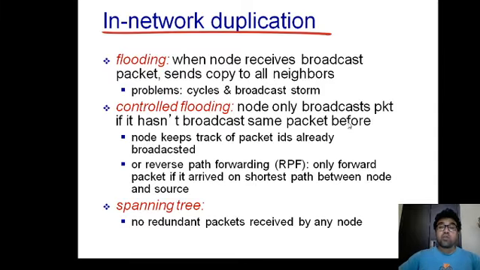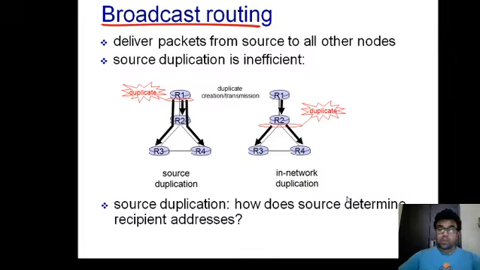In controlled flooding, you have to provide ID numbers to the packets. Got the point? As you can see over here, a node keeps track of packet IDs already broadcasted. So if R1 has to broadcast some information, and R1 broadcasts that information through R2, R2 will keep the ID of that particular information after broadcasting it to R3 and R4.